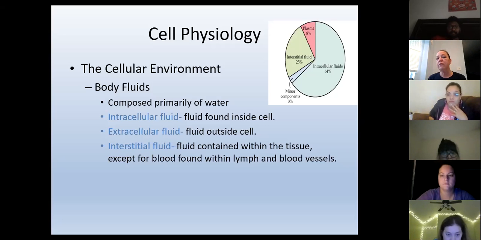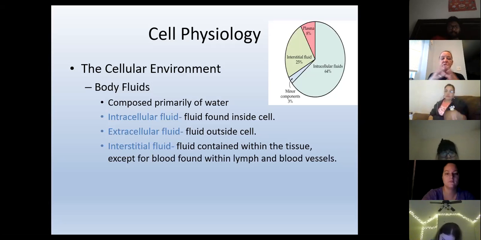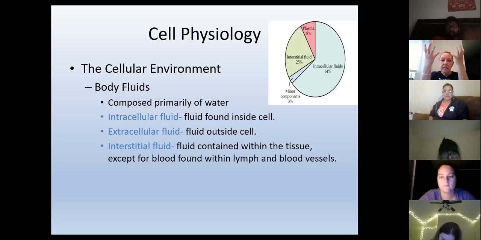Or you've been on a long plane ride, you get off the plane, your feet and your legs are all swollen. Well, why is that? It's because the fluid has settled to the lowest level and it has filled up those little areas within the adipose, and that's interstitial.